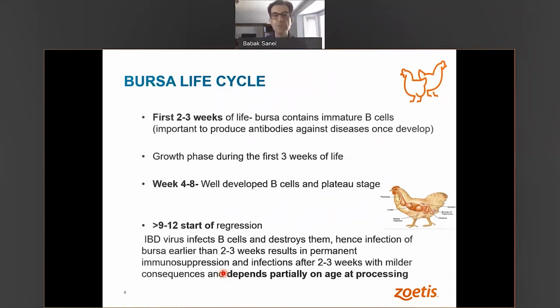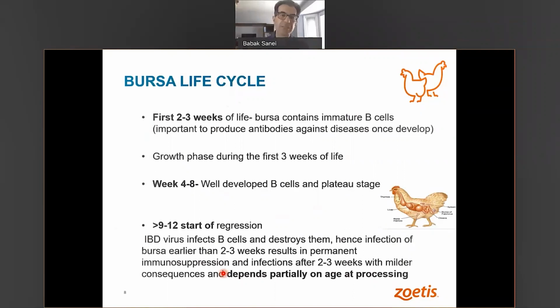The first 3 weeks of life is probably the most critical part of bursa maturation, because the immune cells, which we refer to as B cells, are going through differentiation. They are becoming mature. So if the bursa is affected during the first 2 to 3 weeks of life, then that bird would be permanently immunosuppressed. That would be the most severe case, because then it definitely would affect your performance.